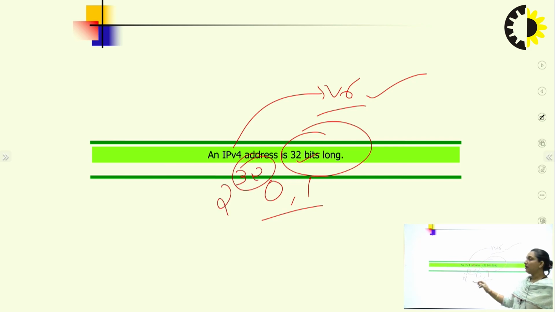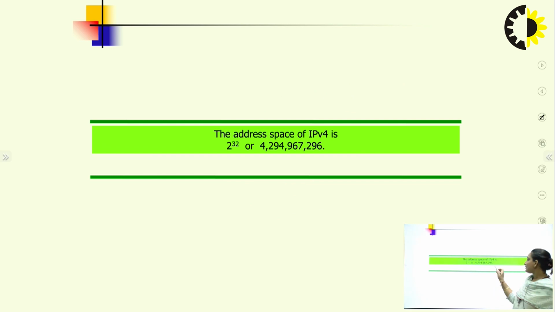So this many hosts, computers, servers and routers are possible in IP version 4.